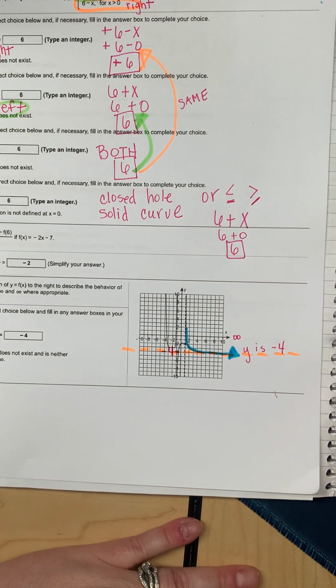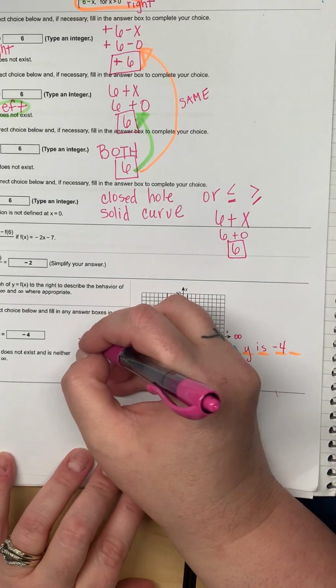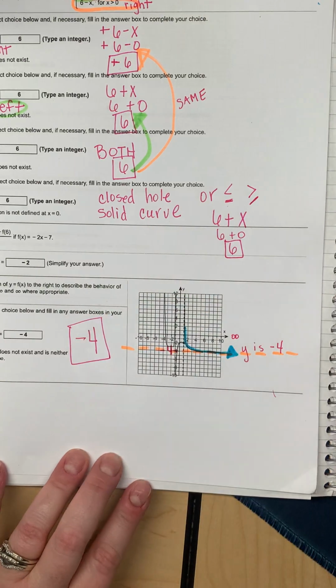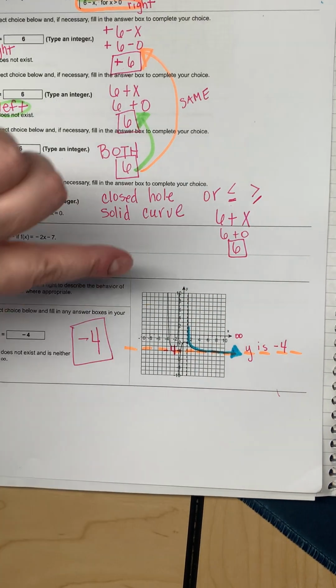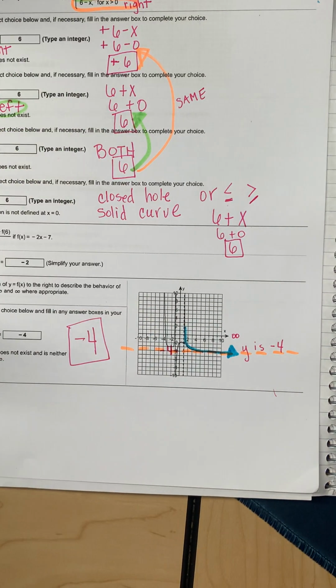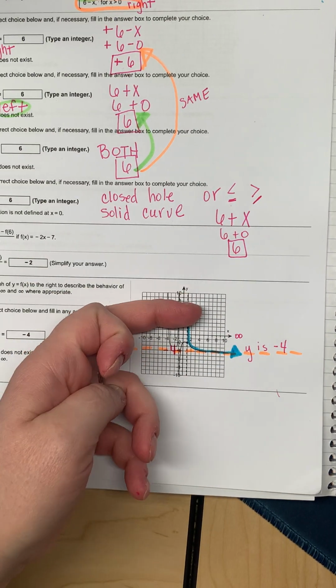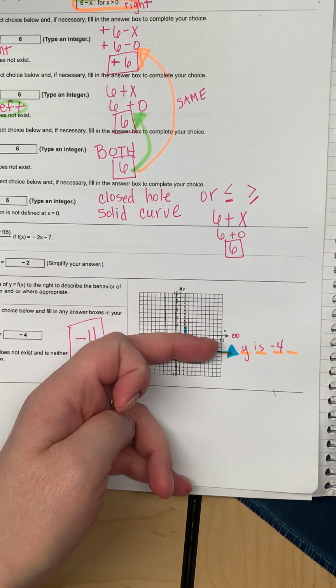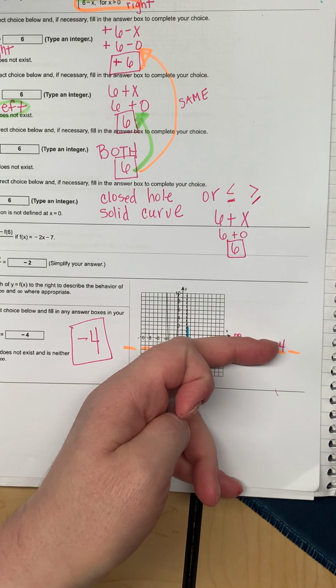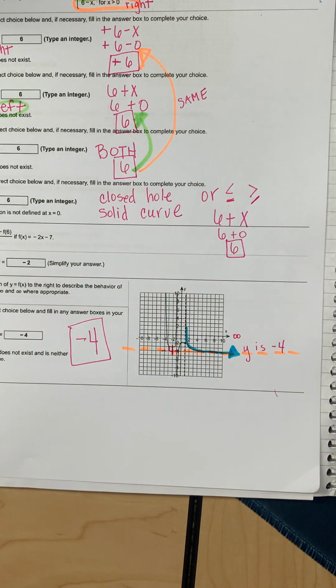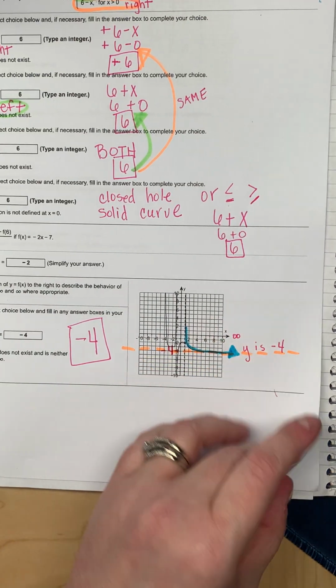So that's my limit. The limit as x approaches infinity is negative 4, because as I follow this curve to the right side of the graph all the way at infinity, the curve levels off at that asymptote at negative 4. Okay, let's keep looking.